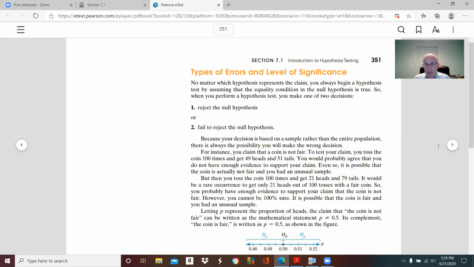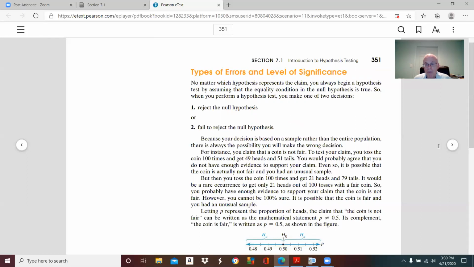We have the two competing hypotheses, the null and alternative hypothesis. We're either going to reject the null hypothesis. In other words, there'll be enough statistical evidence, and I'll show you what that means a little bit later, to indicate that the null hypothesis, the hypothesized value, or the null hypothesis itself is not correct. All right, there's evidence that it's not correct, and that the alternative hypothesis we should go with.